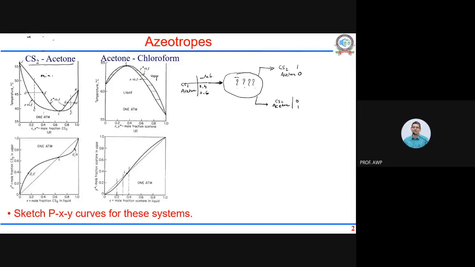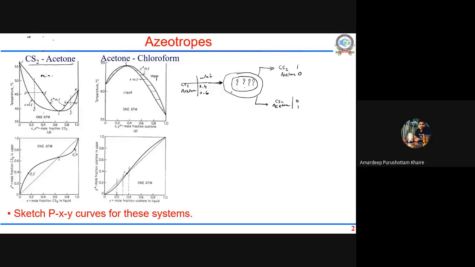Can you think about what can be done? Can somebody tell me what to do if I have to separate them into pure CS2 and pure acetone?